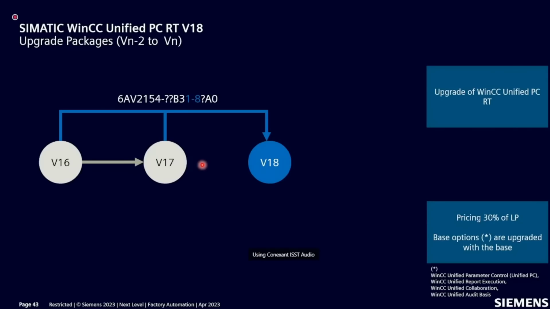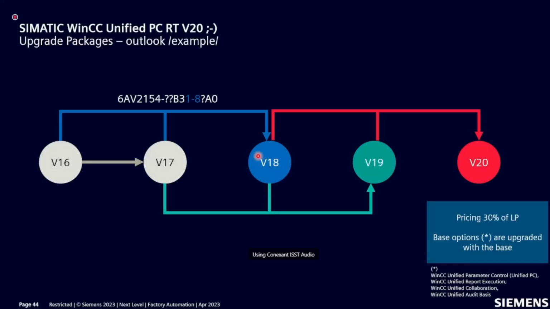For the upgrade point of view, the user can upgrade from 16 to 17, and then from 17 to 18, or 16 to 18 directly. But in the coming versions, all the older packages first have to be upgraded to 18, and then 18 will get upgraded to the next version available in the market.